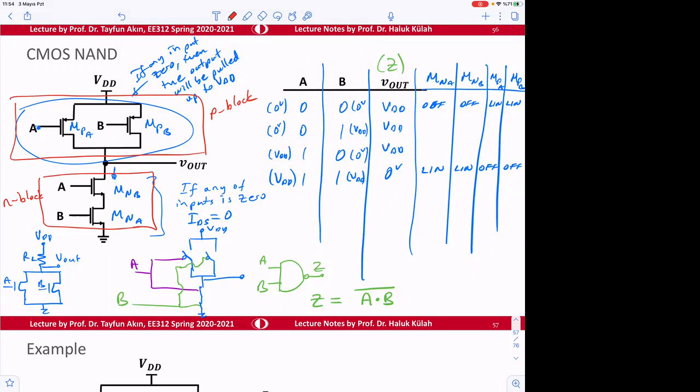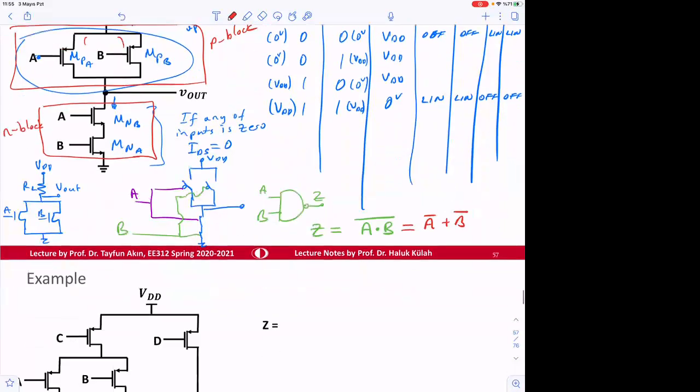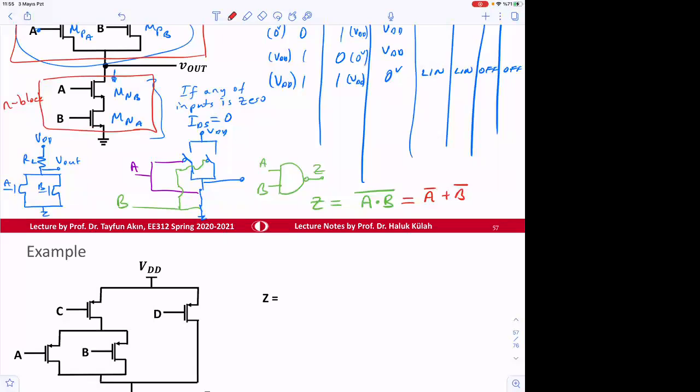And we can write the P block as like this, A bar or B bar. So as you see here, A or B, but they are A bar, B bar. Why? In fact, this is why we put these transistors with the bubble representation for the PMOS. And that's how we draw the transistors. So this is going to be how you will be writing the N block.